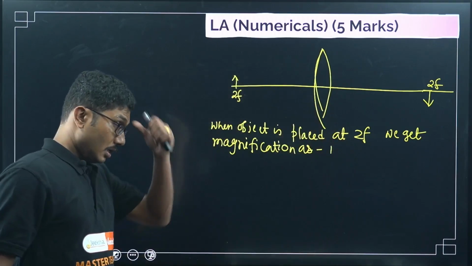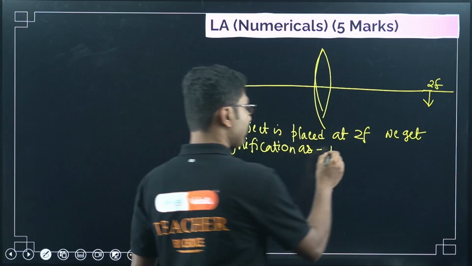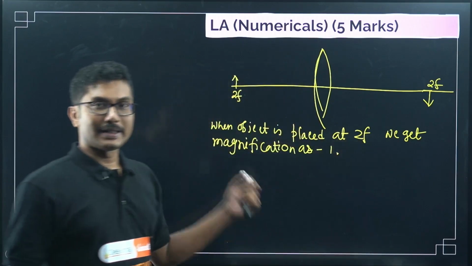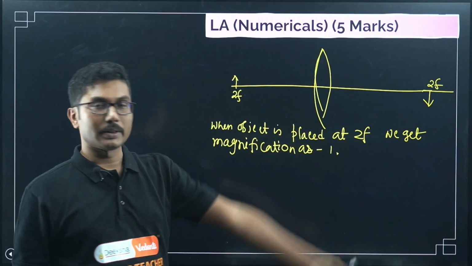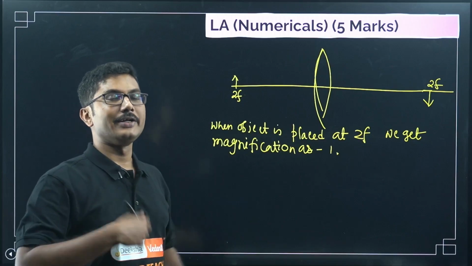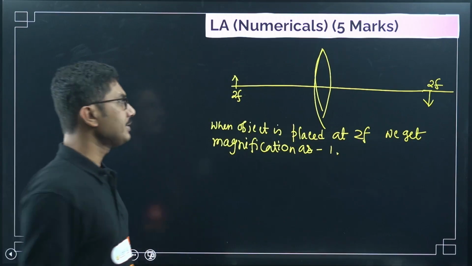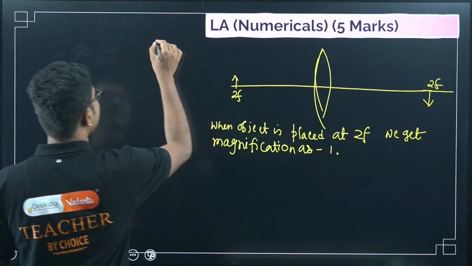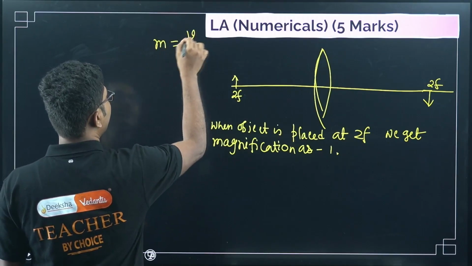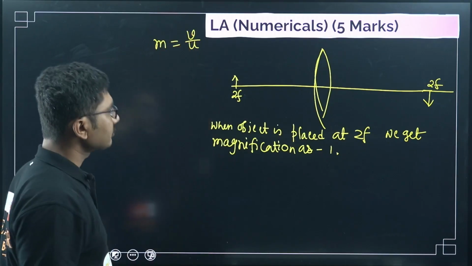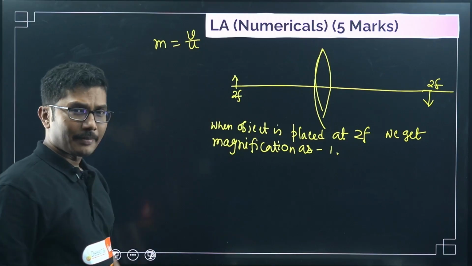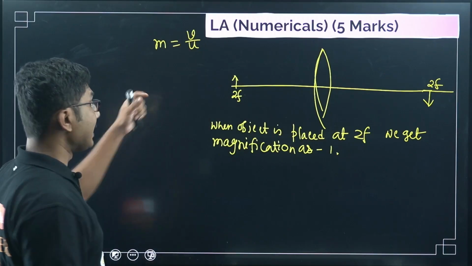So this is a special case that you have to remember, that when the object is placed at 2f, you get an image at 2f but on the opposite side and it is an inverted real image, so the magnification is -1. So magnification is nothing but v by u. So from there you can find the magnification for lens, right.